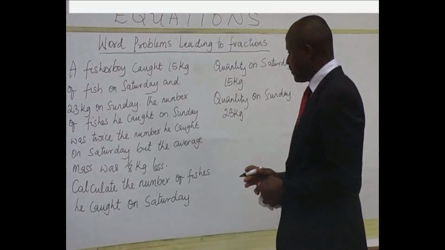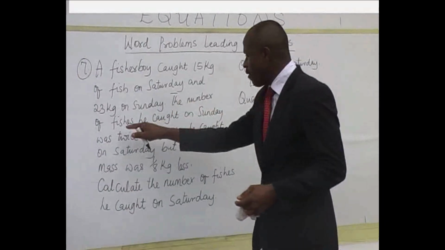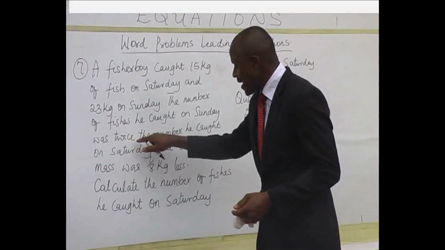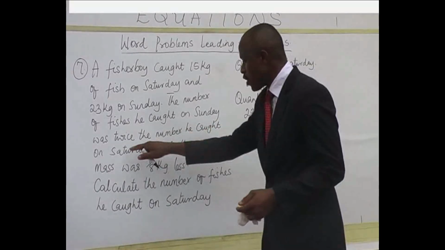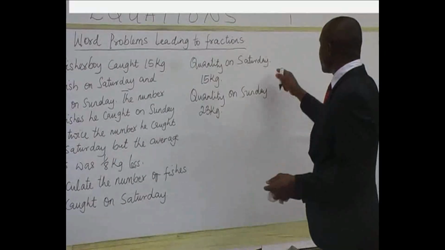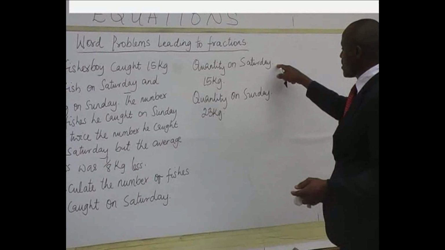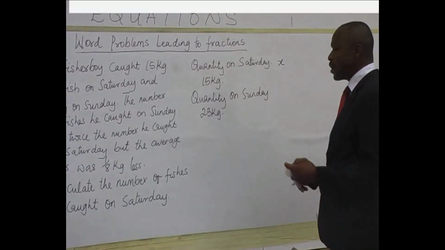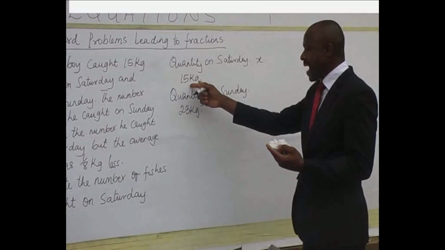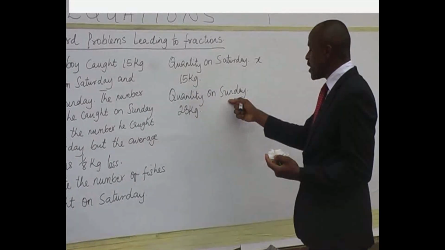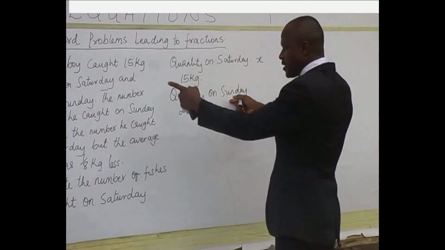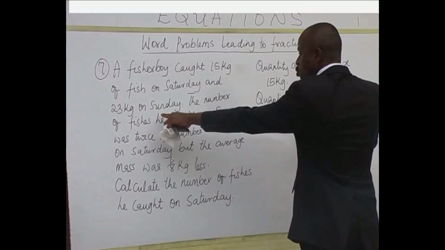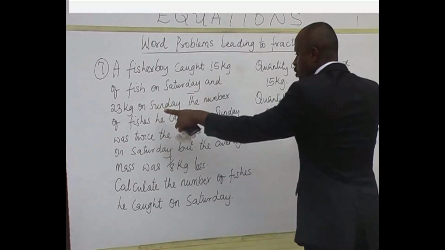It didn't end there. The number of fishes he caught on Sunday was twice the number he caught on Saturday. Then this quantity he caught on Saturday, let's represent it with X, because we do not know it, but we know the mass. Then on Sunday, the question says that the quantity he caught on Sunday was twice the one he caught on Saturday.